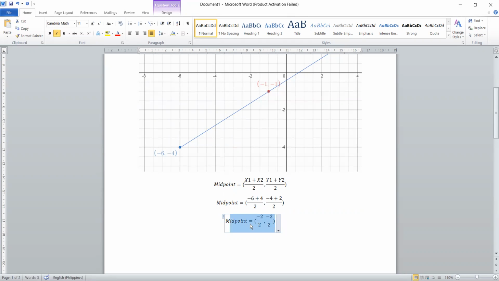So you can now prove that -1 is your midpoint because -2 divided by 2 is -1. Same is true here. It's -2 divided by 2 is -1. So that's it. Bye.